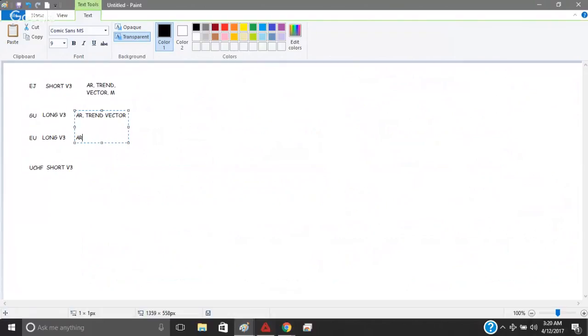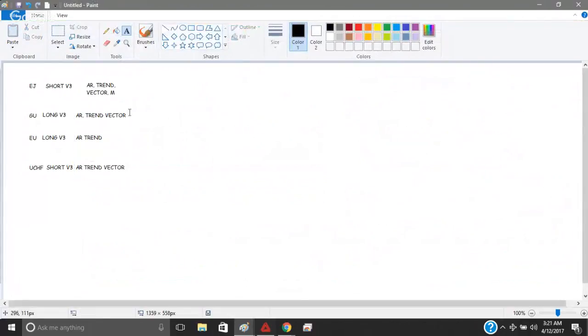So far, the only thing EU has given me is the Asian range and the trend, and that's it. So this one's moving a little bit faster tonight. It gave me Asian range, trend, vector, pretty much just that.